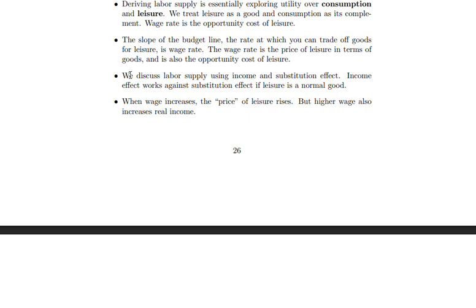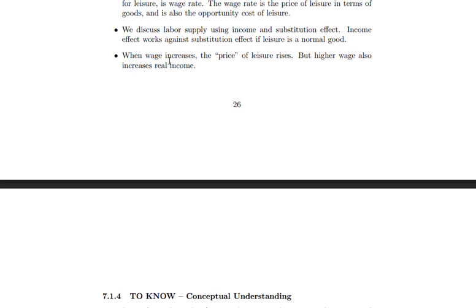We discuss labor supply using the income and substitution effects. The income effect works against the substitution effect if leisure is a normal good. So when the wage increases, the price of leisure rises because the opportunity cost rises. But a higher wage also increases real income.